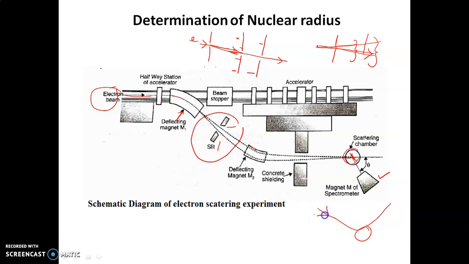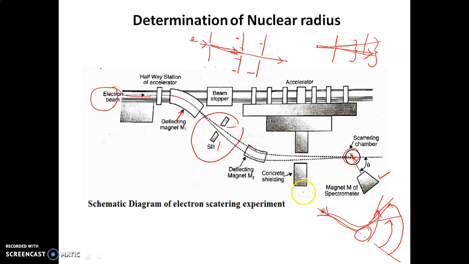Since it's a beam of electrons, not one electron, definitely all of them will not be scattered along the same path. Some will go this way, some that way. If this is my original path, this angle will determine by what angle it has been scattered. So these are different angles through which it has been scattered.